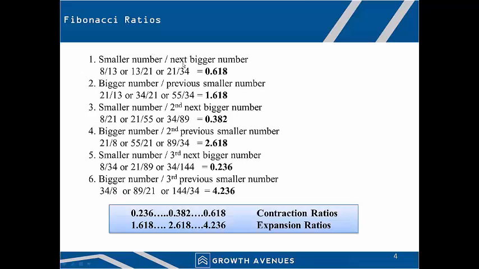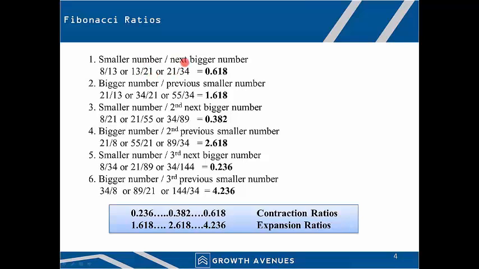Alright, so 8, the next immediate number is going to be 13, right? After 8 is 13, so 8 divided by 13, or after 13 comes 21, so smaller number divided by next bigger number, 13 divided by 21. After 21 comes 34. So 21 divided by 34, smaller number by next bigger number.